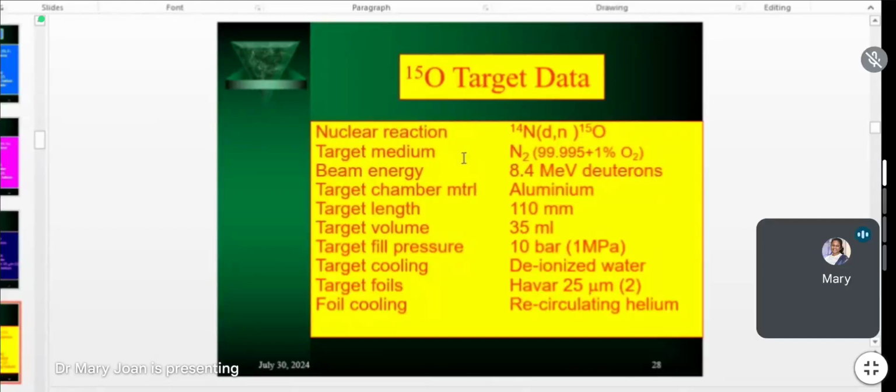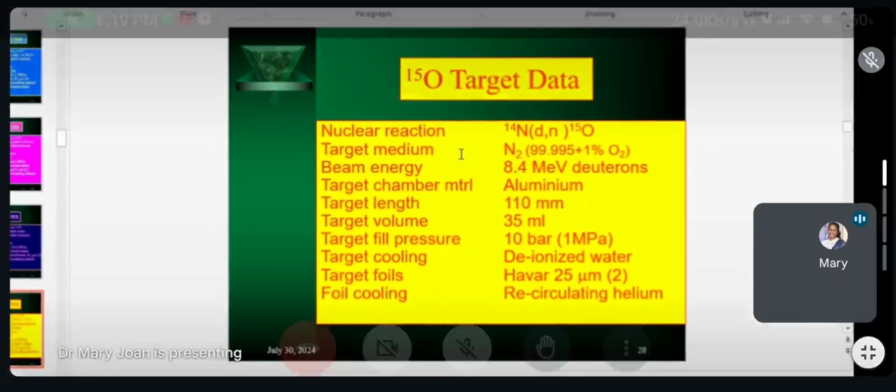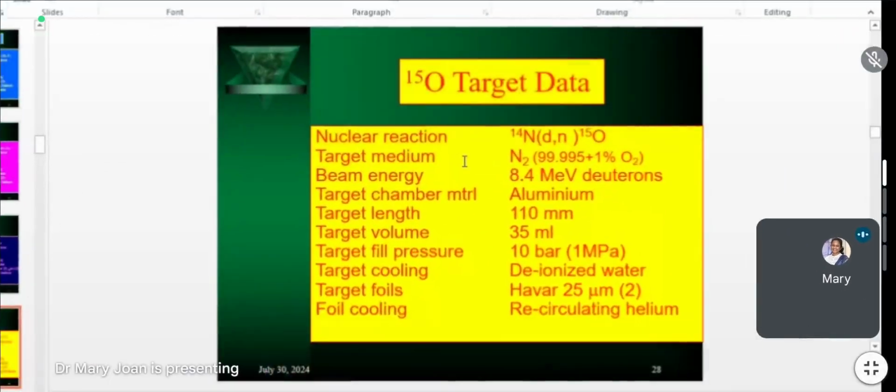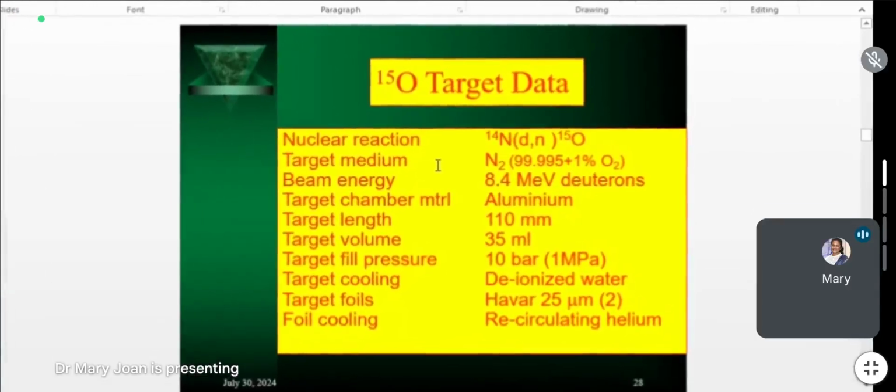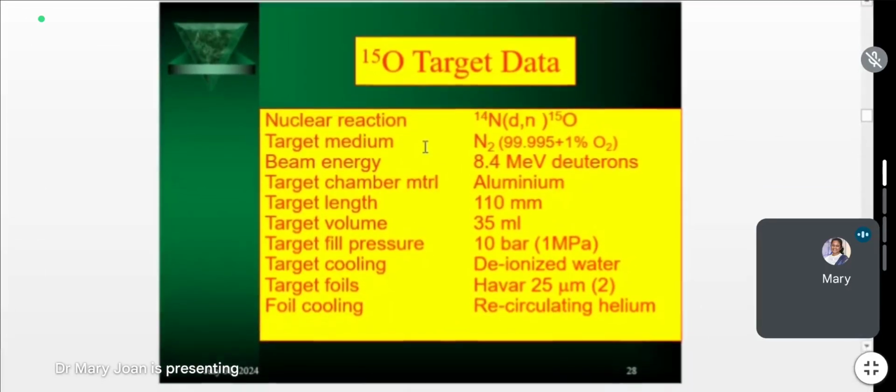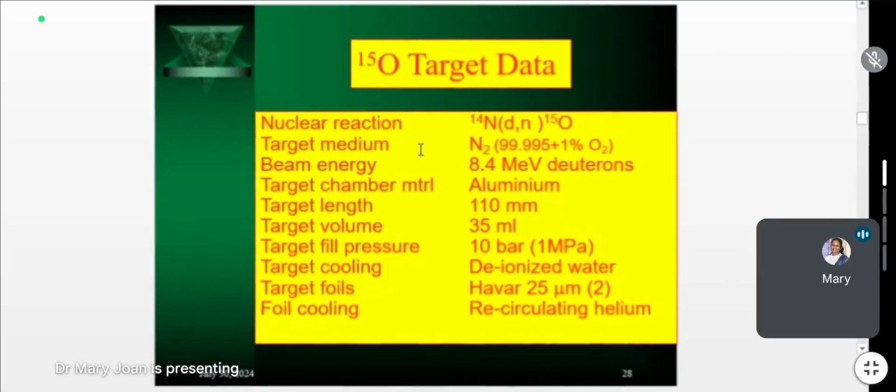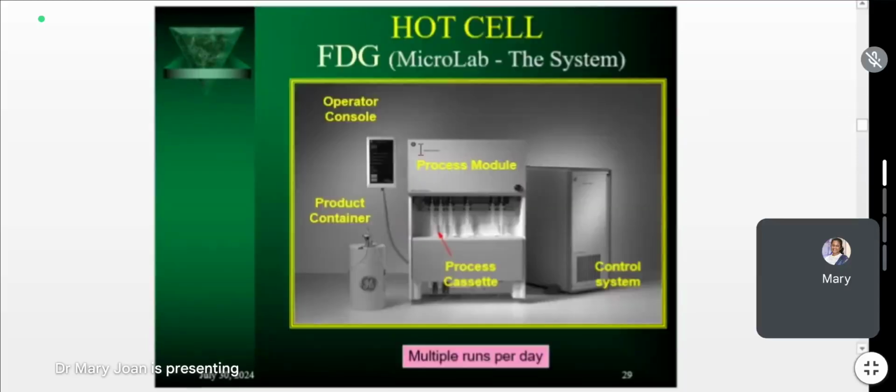The beam energy of the interacting deuterons is 8.4 MeV, and the target chamber is aluminium. Target length is 110 mm, target volume is 35 ml, target fill pressure is 10 bar, target cooling is by deionized water, and target foils are 25 micrometer, two numbers, and foil cooling is by recirculating helium.